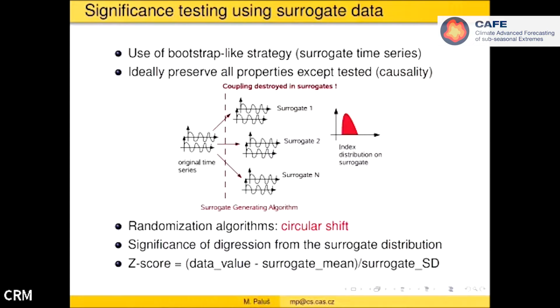We compute the empirical distribution, and we can ask how the value which we got from our data differs from the distribution of this null hypothesis. For instance, we can compute the z-score: the data value minus the surrogate mean, divided by the surrogate standard deviation. So we get a statistic in number of sigmas.